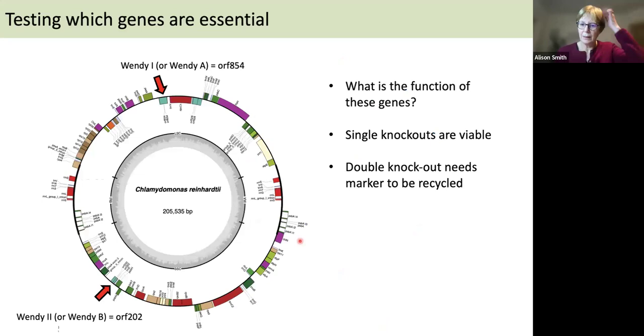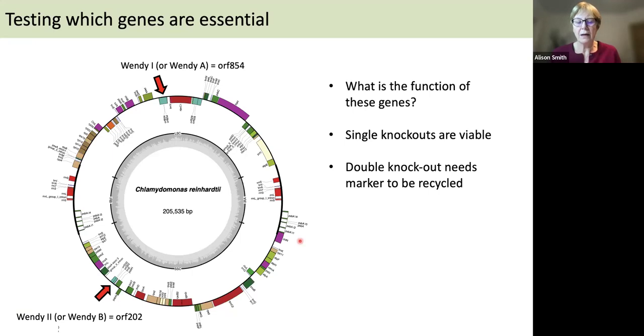So we set this up, and I'm going to show you a couple of examples where we've used the approaches to test which genes are essential. I said that all of the photosynthetic genes have been knocked out and the cell is viable as long as you give it acetate. There are other genes which are essential, and they're to do with the genetic machinery, the ribosomal machinery and RNAs.